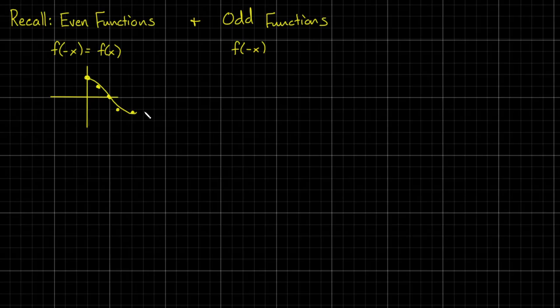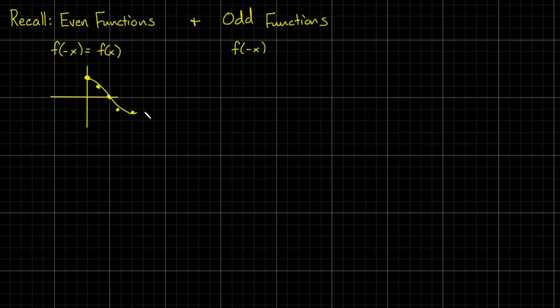If I've plotted all these points at x, if I get the same y value when I plug in negative x, where do these reflect? Do they reflect like this, or do they reflect like this? And if you're struggling to make sense of this, let's just pretend these are numbers. If I plug in a 1, it spits out a 1.